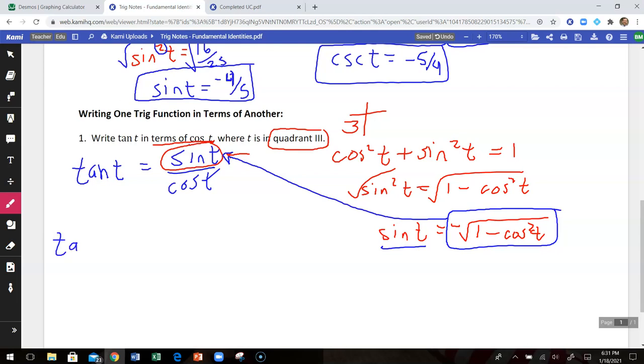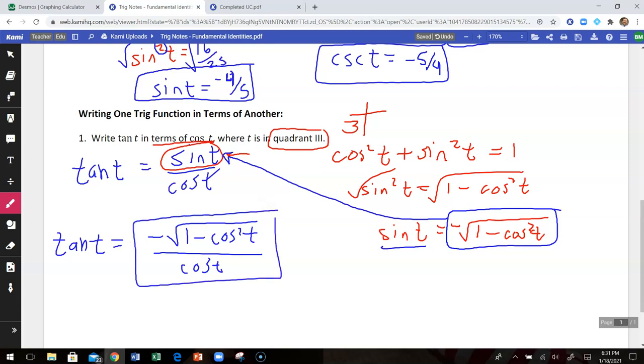So what we're saying is that the tangent of the angle t is equal to negative the square root of 1 minus cosine squared t all over cosine t. So the directions were to write tangent in terms of cosine, which means that I have tangent, and what it equals is stuff that only involves the trig function cosine.